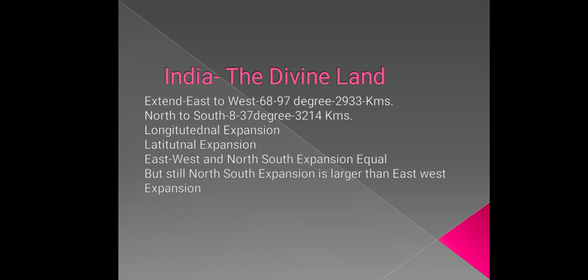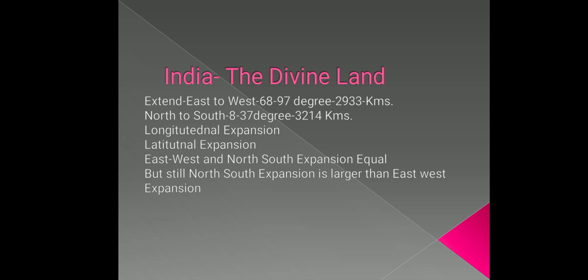The east to west expansion is called the longitudinal expansion, while the expansion from south to north or north to south is known as latitudinal expansion. East and west and north and south, the expansion is equal.